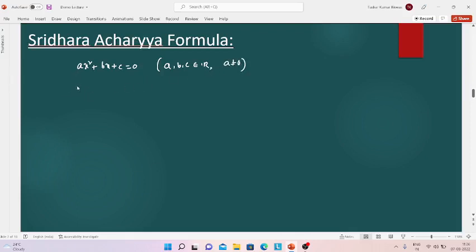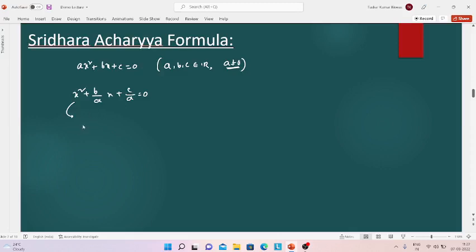So what Sridhar Acharya did is, he divided this equation by a, then it will become x square plus b by a x, plus c by a equals 0. Since a is not equal to 0, we can divide both sides. After that we will try to make this a perfect square.